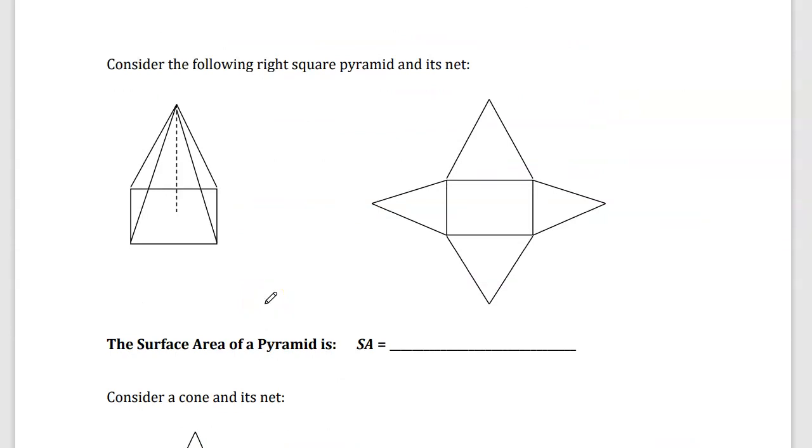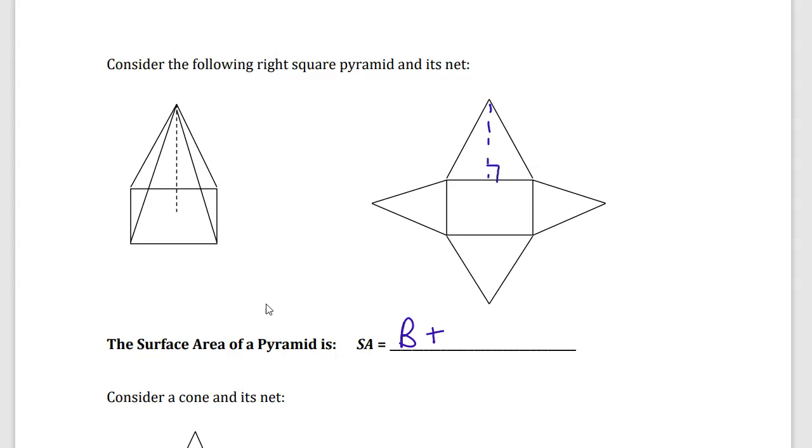Now we have a right square pyramid. So we have to take into account the base, whatever the base is. So we have our base, area of that base, plus, and we have to look at this length here.